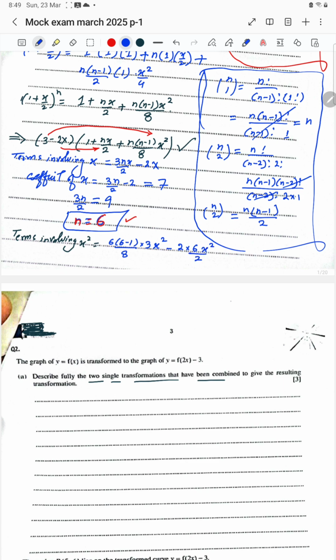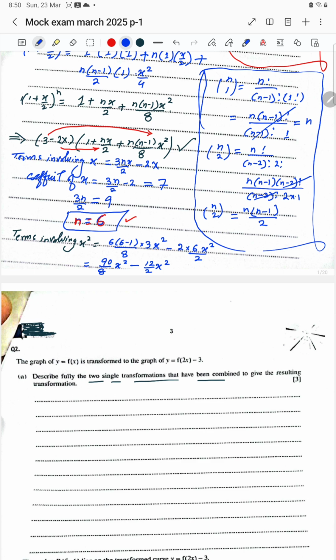Only these two terms we have, so you can simplify them. We will get 6 times 5 is 30, 30 times 3 is 90 by 8 x squared, and 12 by 2 x squared.